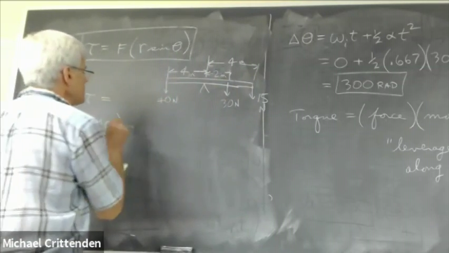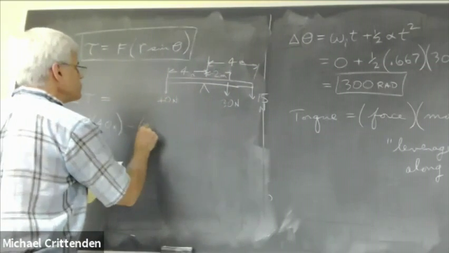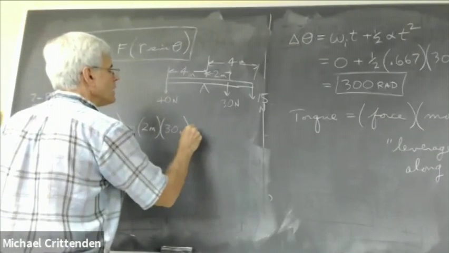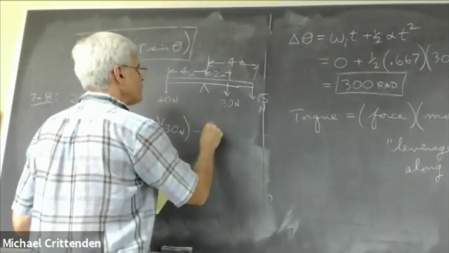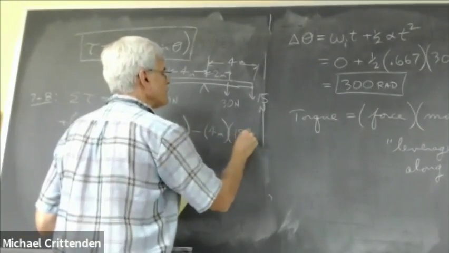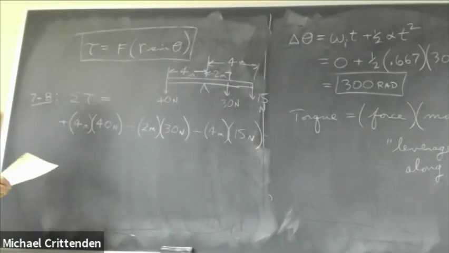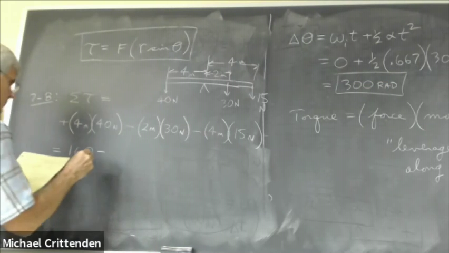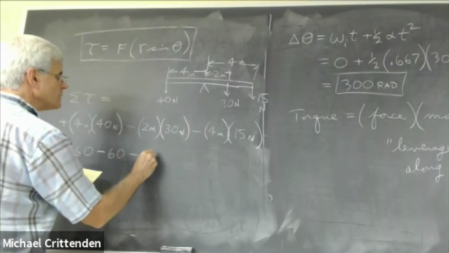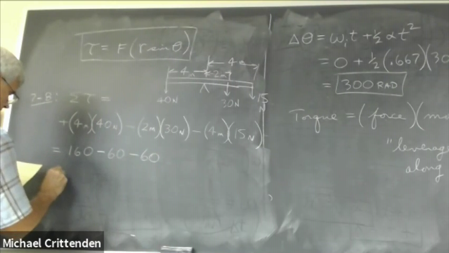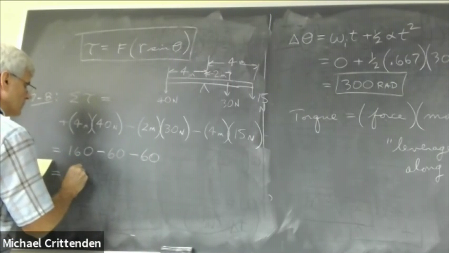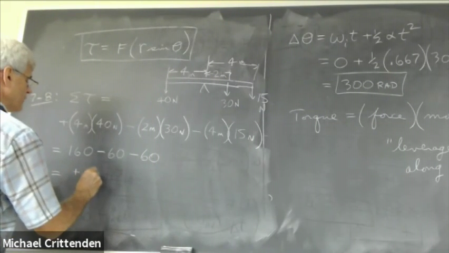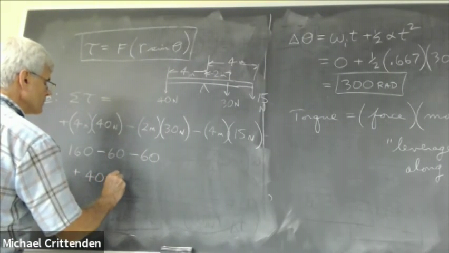So minus 2 meters times 30 newtons, and also minus 4 meters times 15 newtons. 160 minus 60 minus 60. I suppose it's not really necessary to write the plus sign. I just wanted a little extra emphasis.